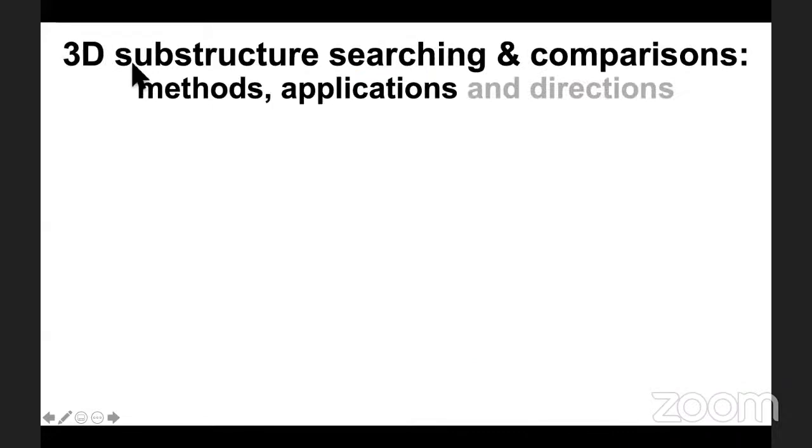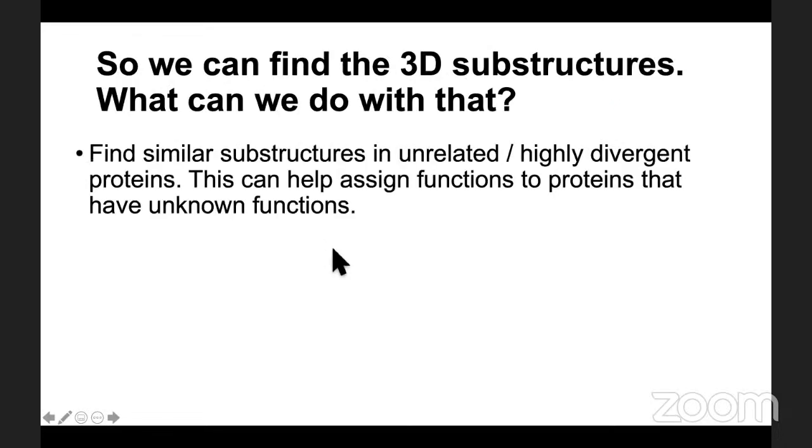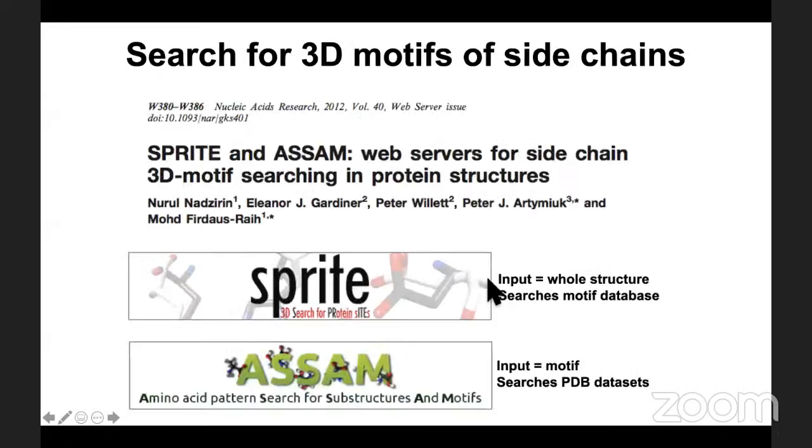So now that we've developed the methods, what can we do with this method? So we want to go into the applications of this search. So we were thinking, perhaps we can find similar substructures in unrelated or very highly divergent proteins. And this can help assign functions to proteins that may have unknown functions. And to make it easy for other people to use, we have developed those algorithms and deployed them as web servers so that other people can use them.